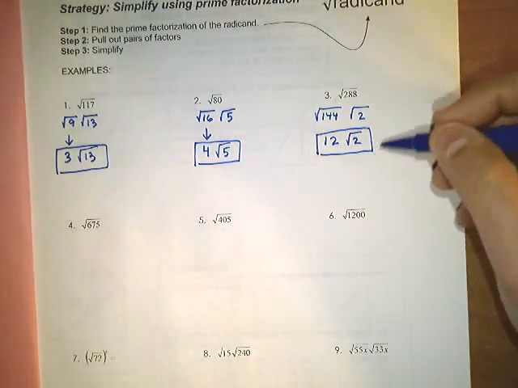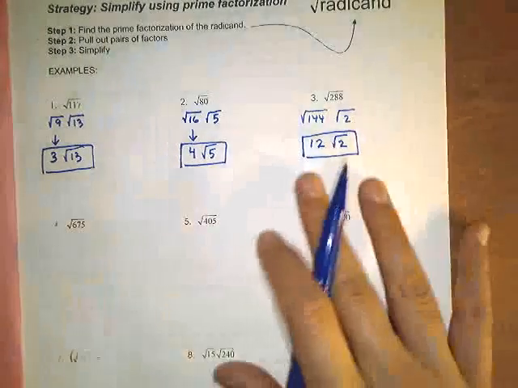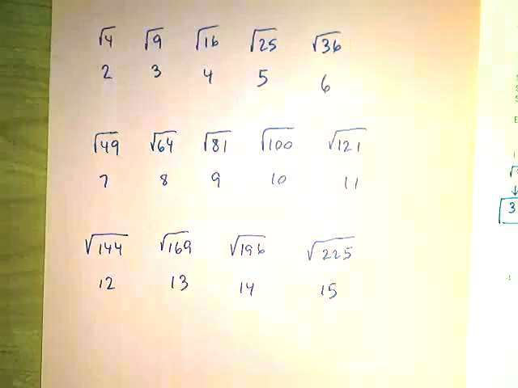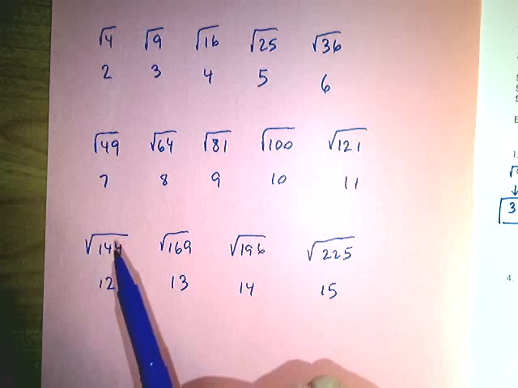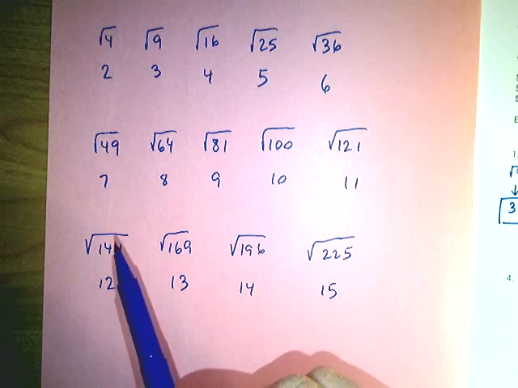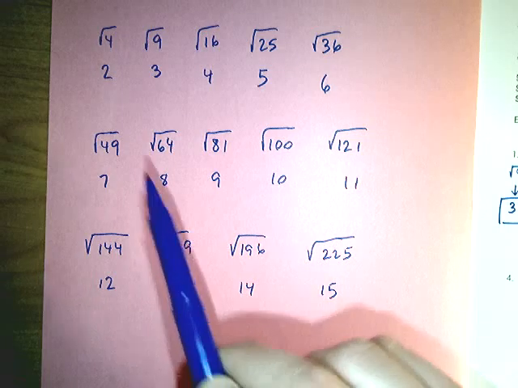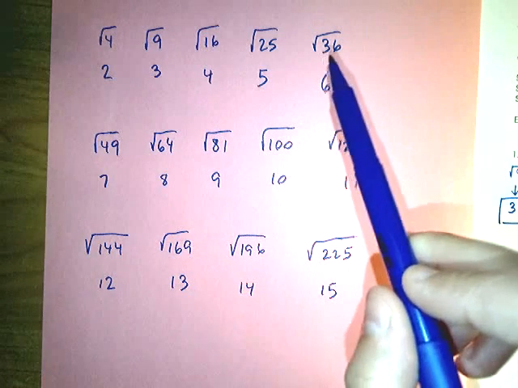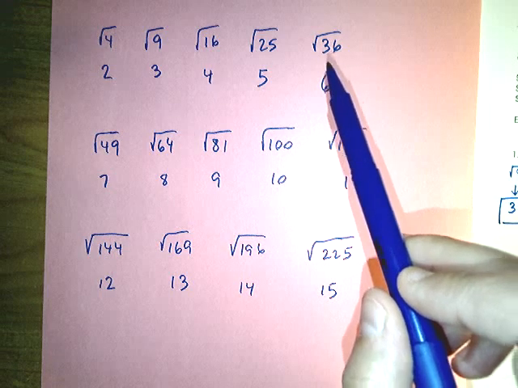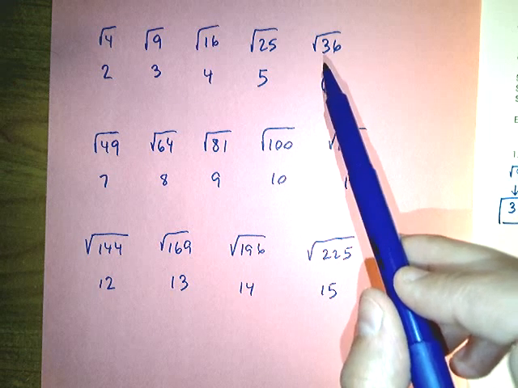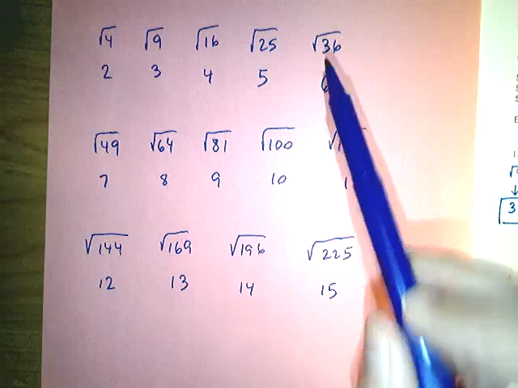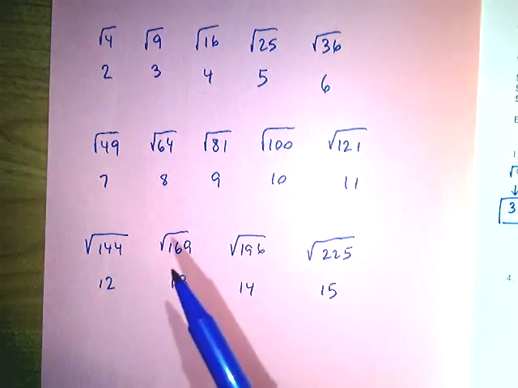Now, some people make the mistake here of choosing a value that's not big enough. So they don't use the square root of 144, for example, because, hey, I know that 36 divides evenly into 288. So just be really careful with that.